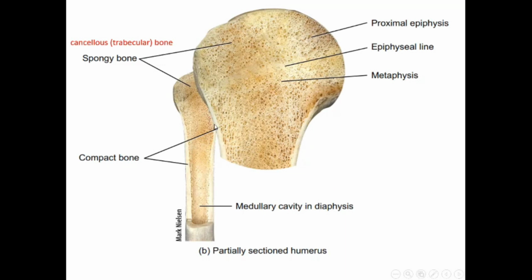Usually the compact bone forms about 80% of total bone mass. And in the middle of the bone, we have spongy bone, also called cancellous bone or trabecular bone. Three names for this bone. This bone makes up about 20% of total bone mass.